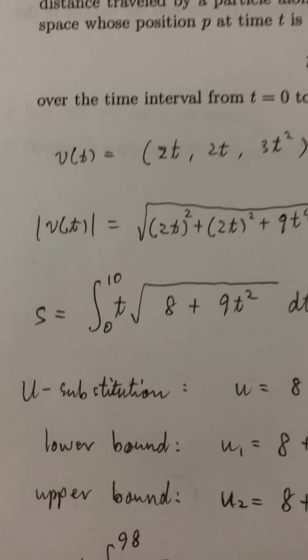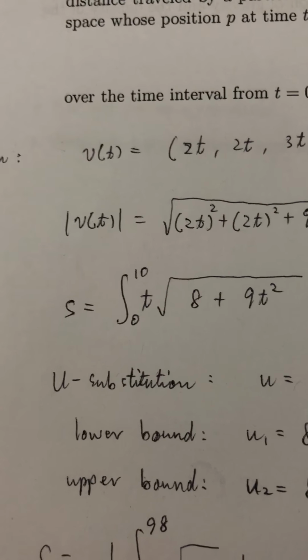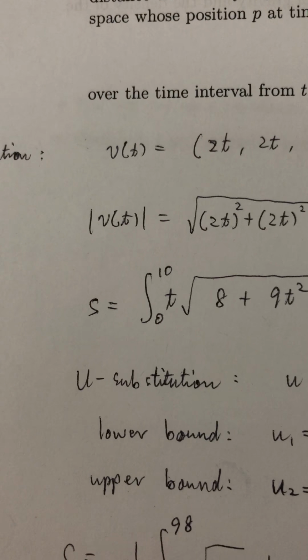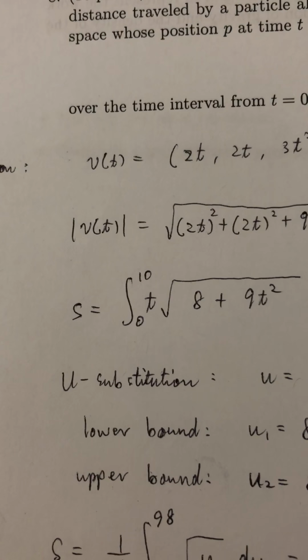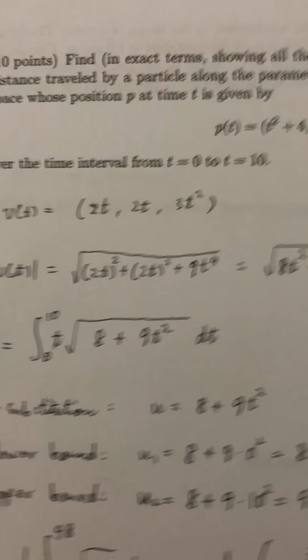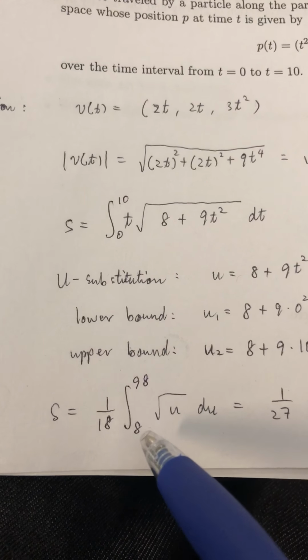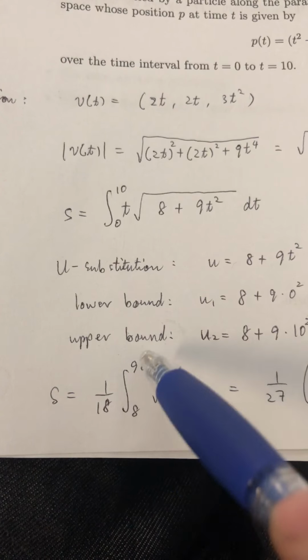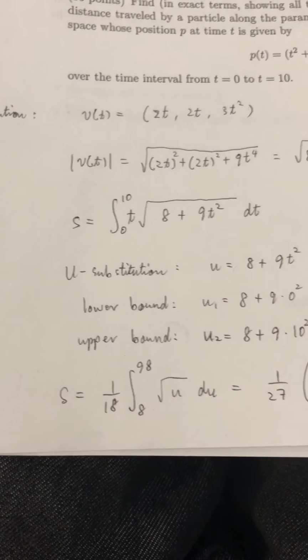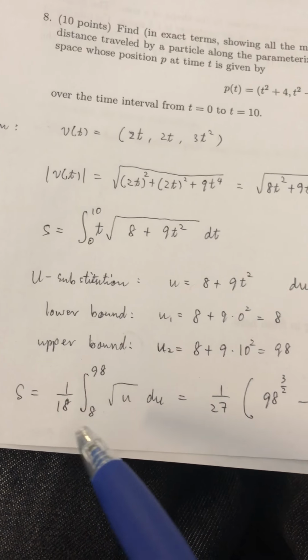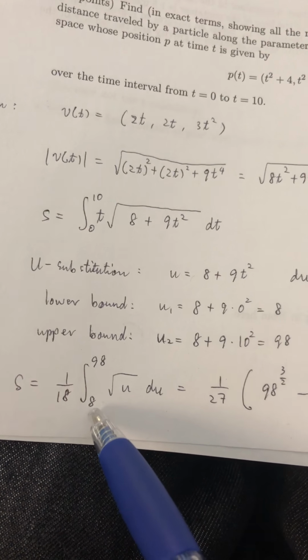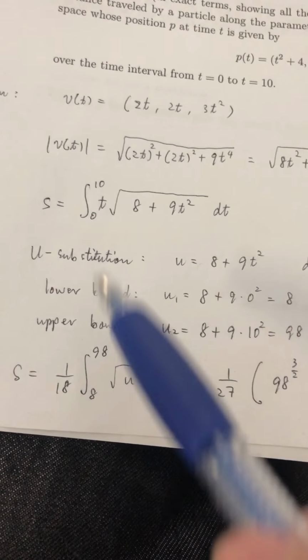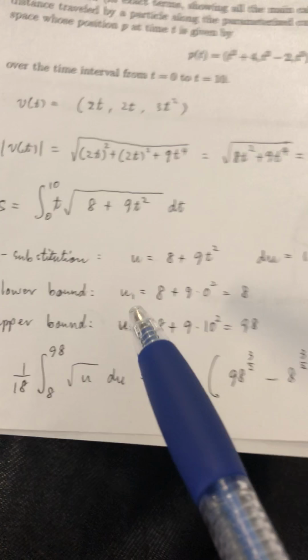However, since this is a definite integral, you need to be careful about the upper and lower bounds when you change your variable from t to u. They should be 8 and 98. Where do they come from? The lower bound of u corresponds to the lower bound of t.